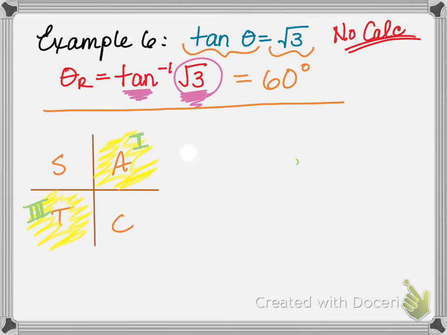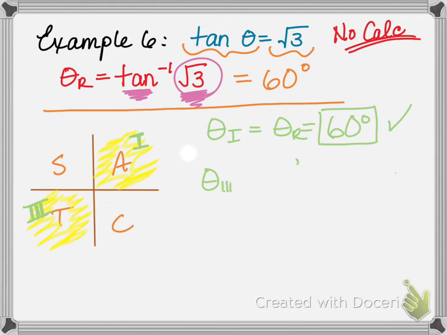So my 2 answers are going to be theta 1, which we already know is always just theta r, which we found out to be 60 degrees. So we're done there. There's my first answer. And then theta in the third quadrant, the formula for that quadrant is 180 plus theta r.